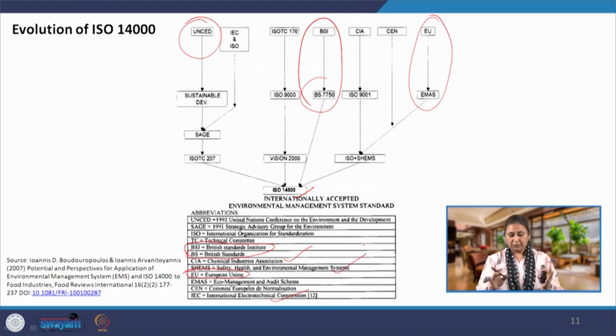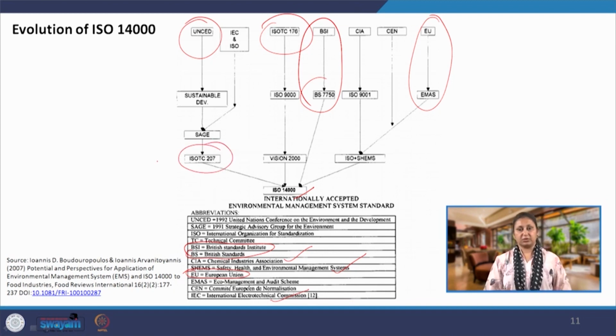We also have the Chemical Industries Association, Safety, Health and Management Systems. So, a lot of these organizations came together, and the technical committees of ISO as an organization, which already existed, and the technical committees of different codes within ISO came together to develop ISO 14000. This is how ISO 14000 developed, through contributions from different existing ISOs.